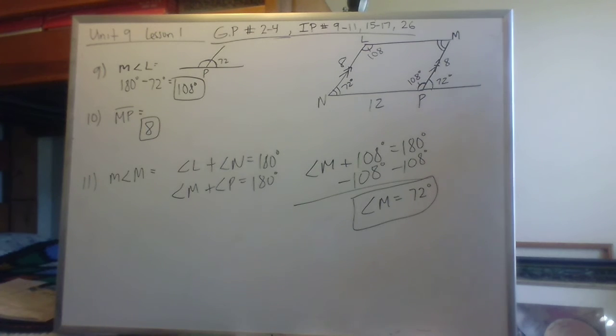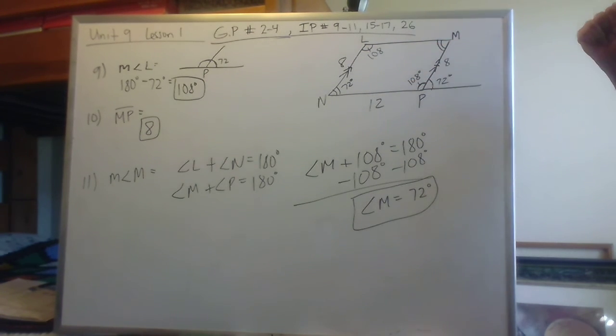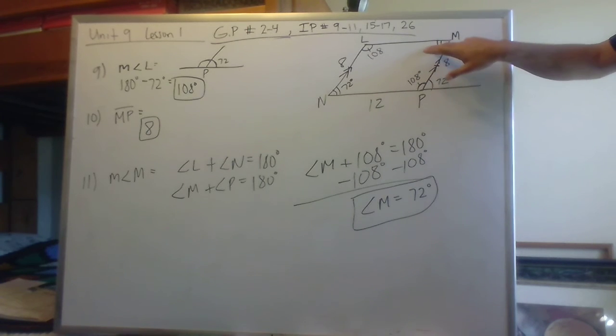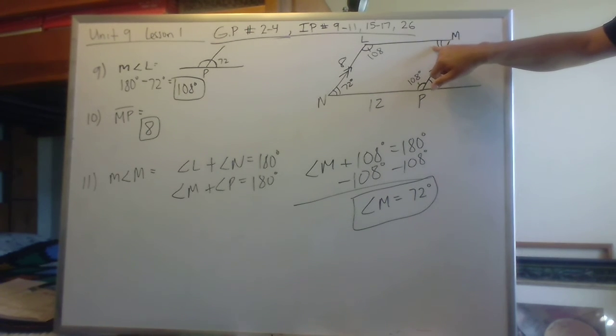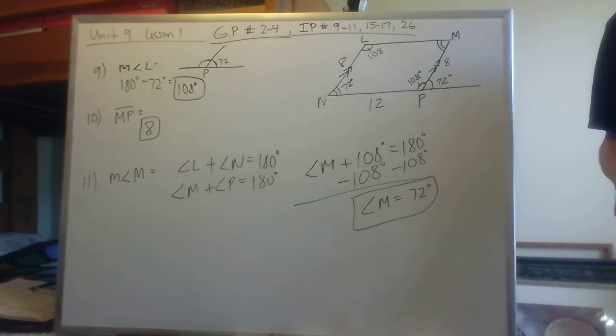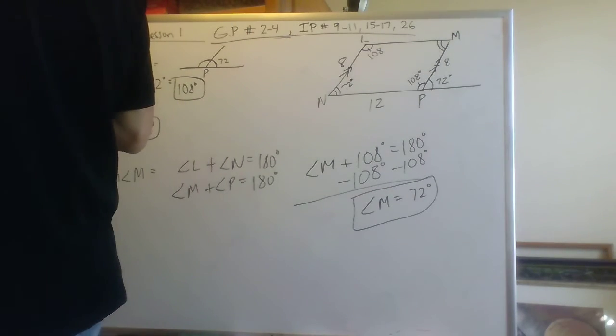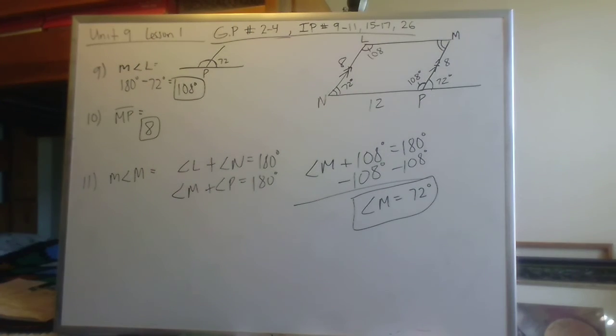But the book wants you to basically take, since we know angle M and angle P add up to 180, in order to find angle M, you're just going to take 180 and subtract 108 and get 72. All right, so that concludes the problems for number 9 through 11 of the independent practice. We are going to now look at number 15, 16, 17, and number 26.